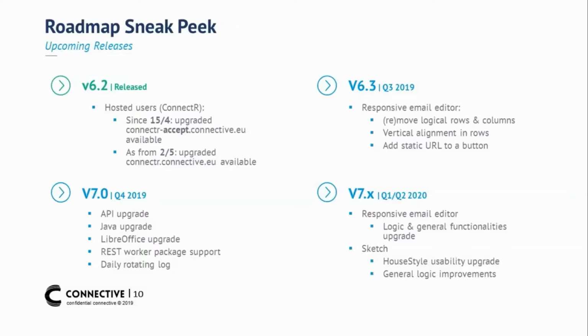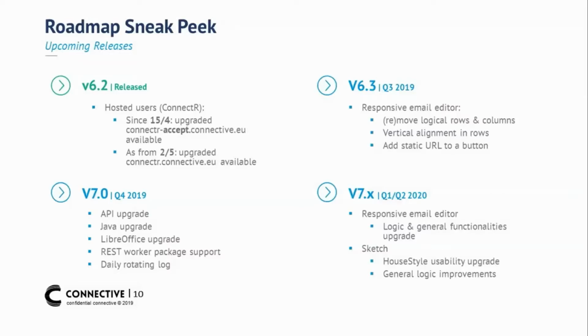There we are really taking a look at the stability and the quality of our code. Software is changing all of the time, and so we have to change along. So we'll be upgrading our API and the way we handle it. We will be upgrading our Java in the background so that we have the latest security and performance features of Java itself along with us, together with LibreOffice, which is still our renderer or editor in the background for our documents.